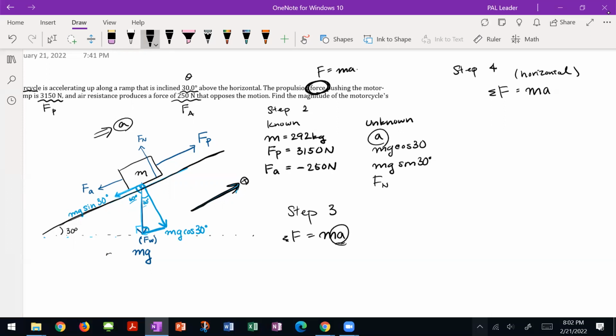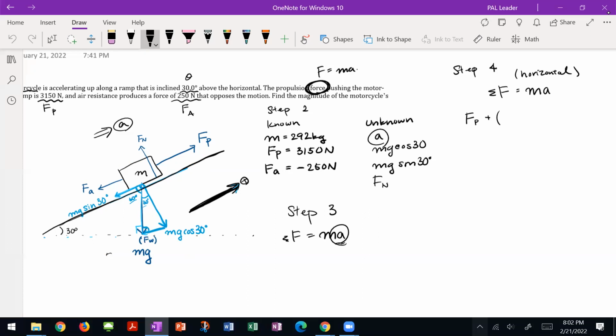So with that said, let's look at our horizontal forces. Horizontal meaning this, okay? So we have the force of the propulsion. This is the sum, so it's going to be adding, but we know that if right is positive, left is negative.